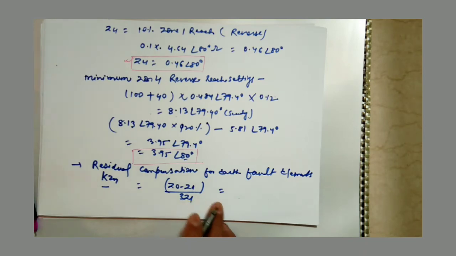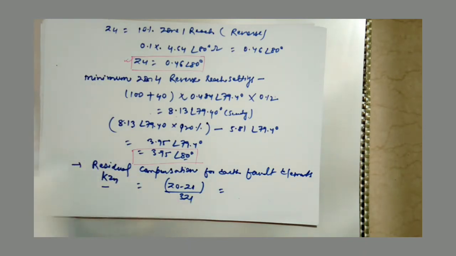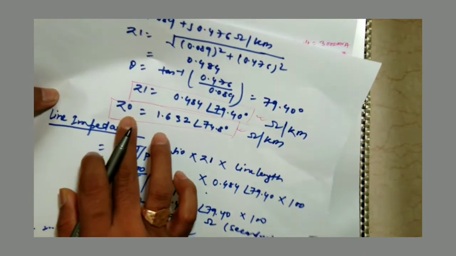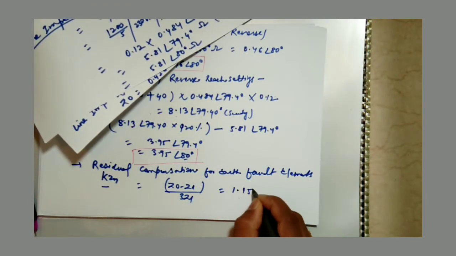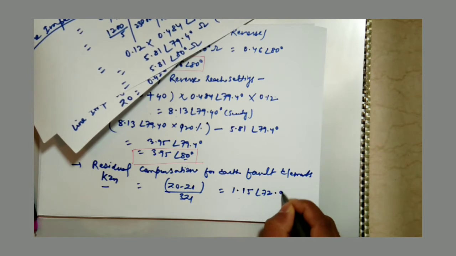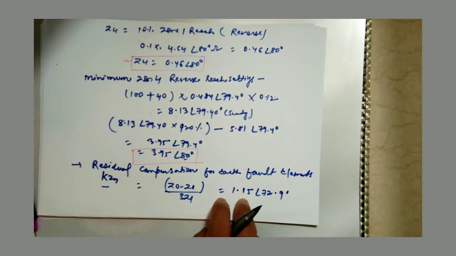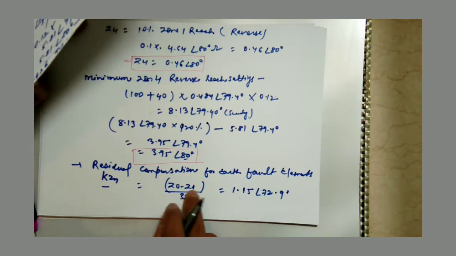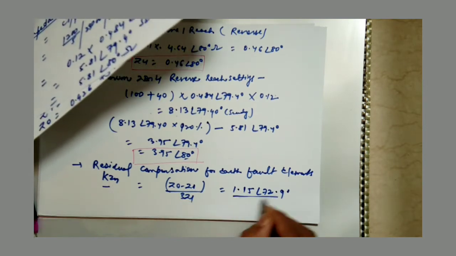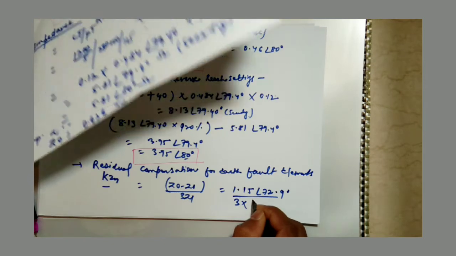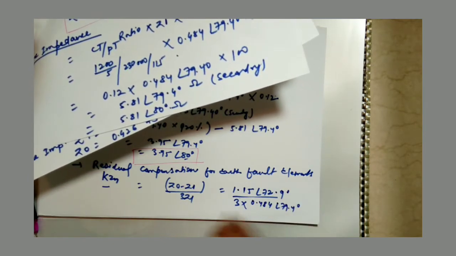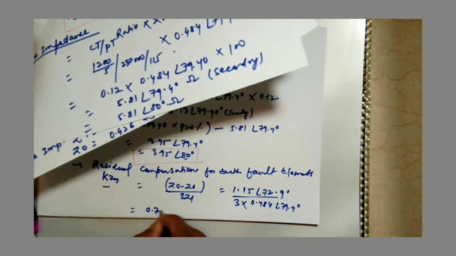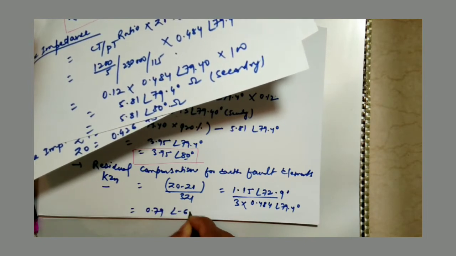You already have Z1 and Z0. You will calculate and you will get the value 1.15 at 72.9 degrees. Here is the compensation factor. Sorry, you will get the value for Z0 minus Z1, then you have to divide by 3 into Z1, 0.484 at an angle of 79.4 degrees. So the final value will be 0.79 at minus 6.5 degrees.